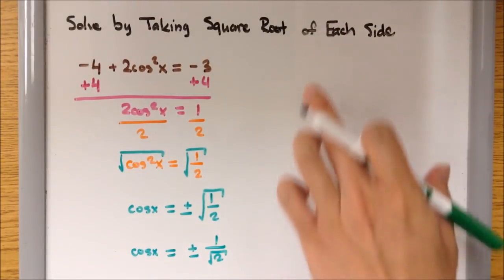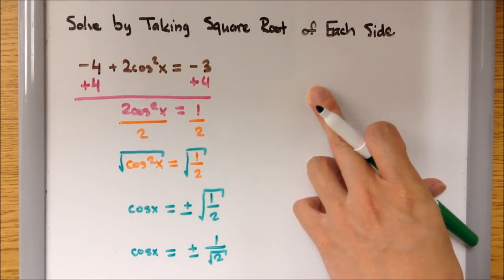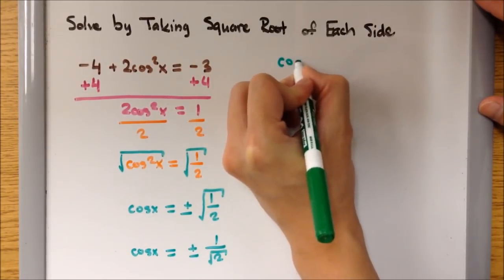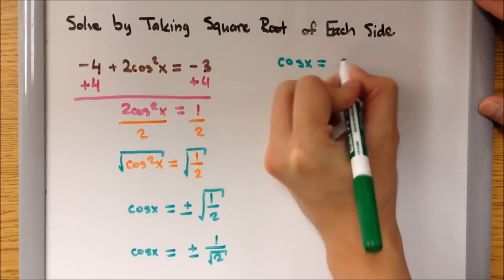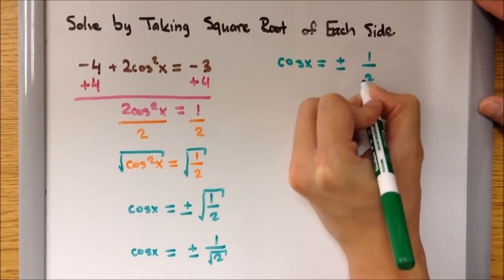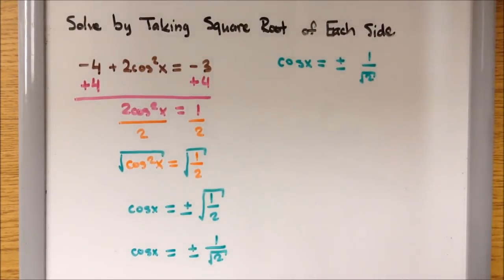Alright, so I'm going to write up here because we have a little bit more work to do. So we have 1 over the square root of 2. Now as you recall, we cannot have a square root in the denominator, so we're going to rationalize it.